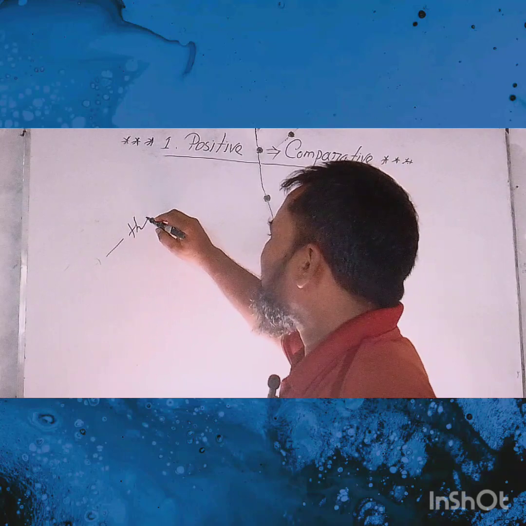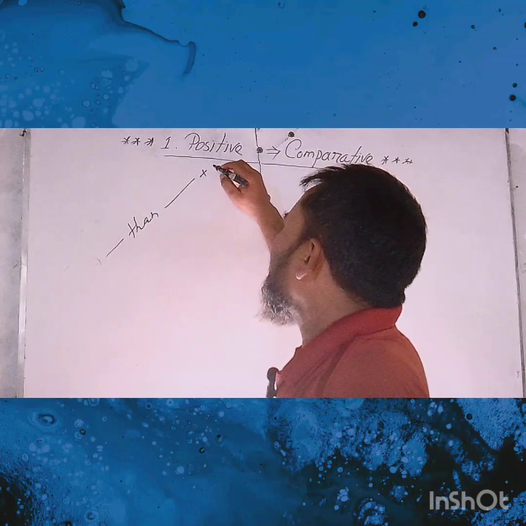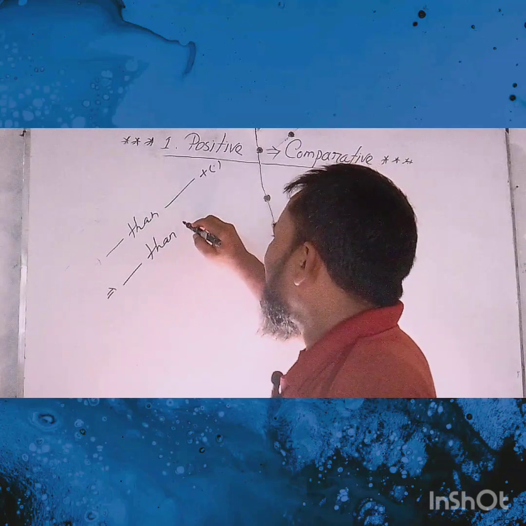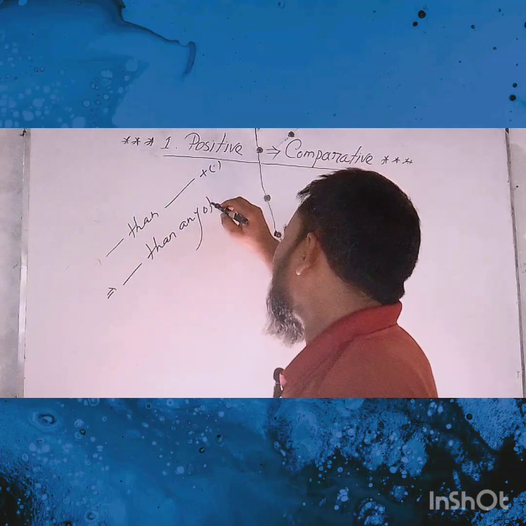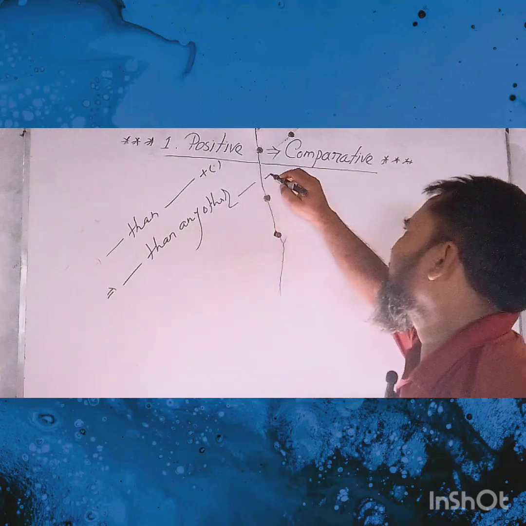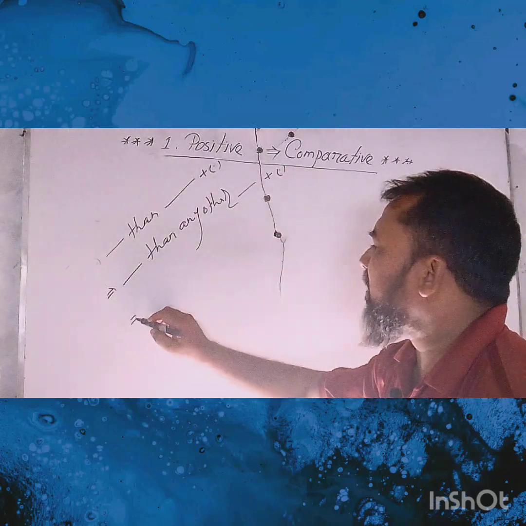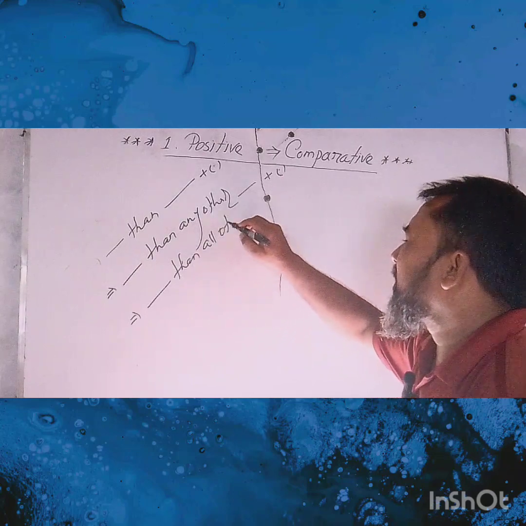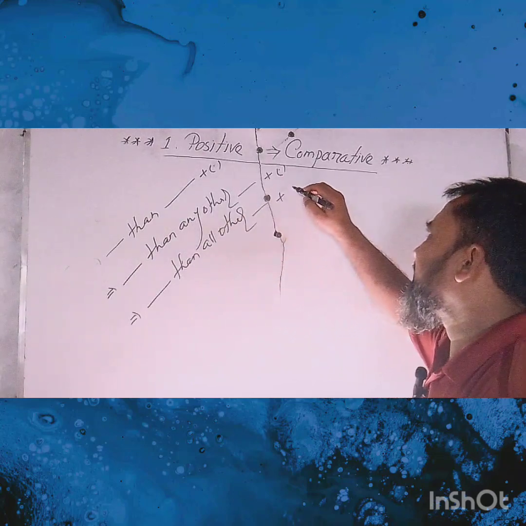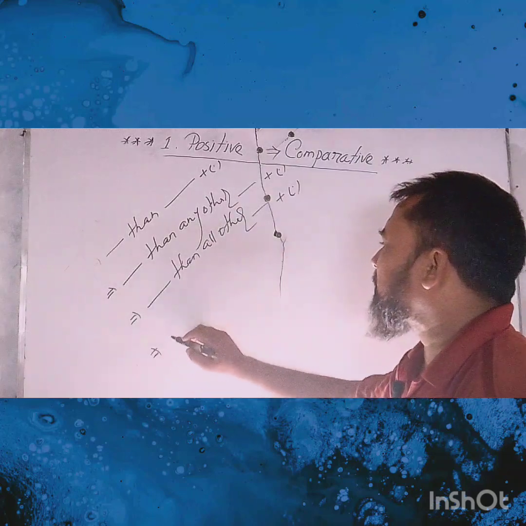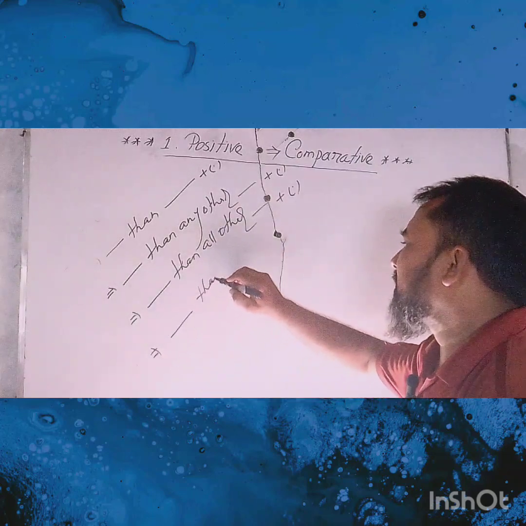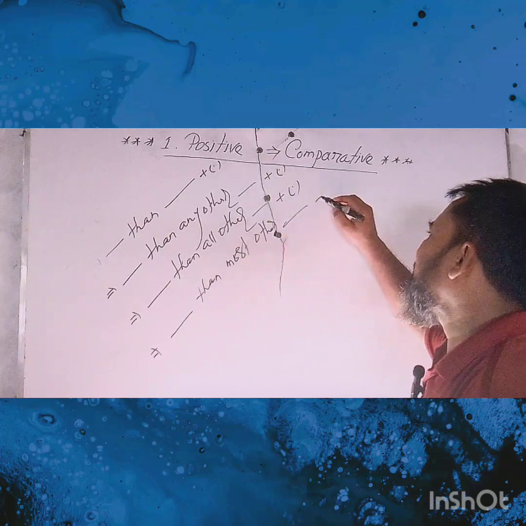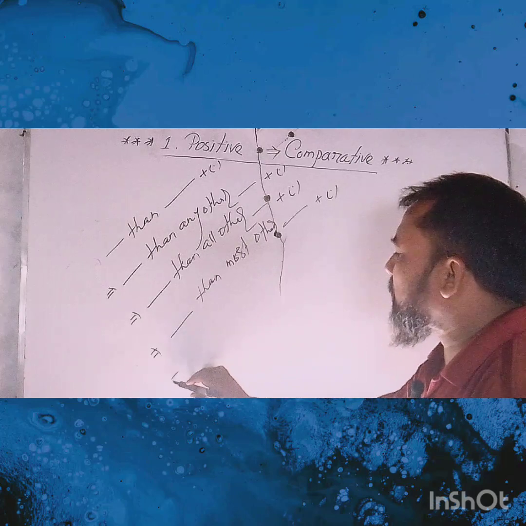Number one, 'than', mixed with 'than', finally ended with a full stop. Number two, 'than any other', finally ended with a full stop. Number three, 'than all other', finally ended with a full stop. Number four, 'than most other', finally ended with a full stop.